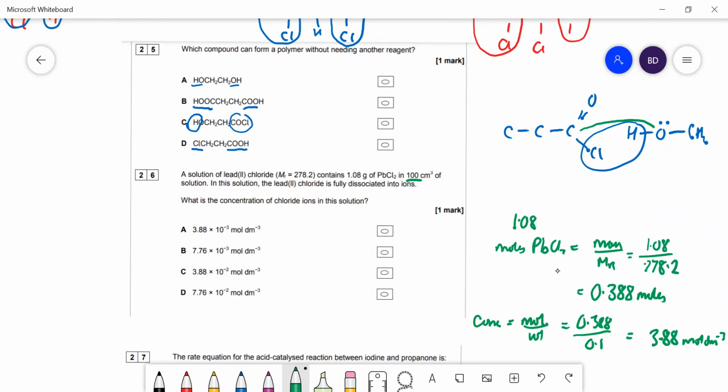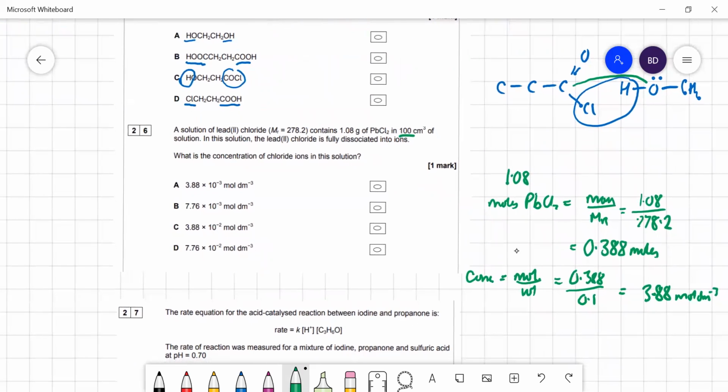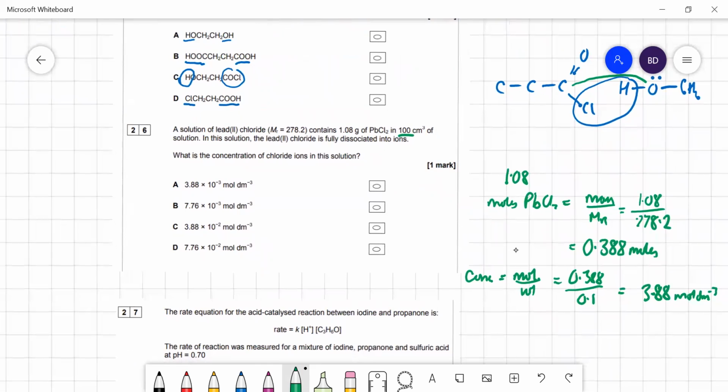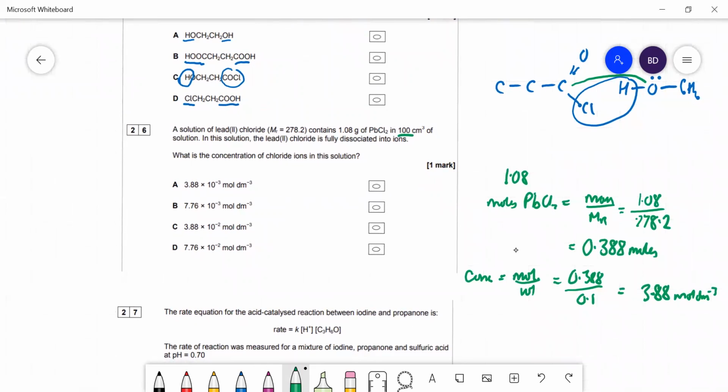Right, so then we have to, sorry, that's 3.88 times 10 to the minus 3.